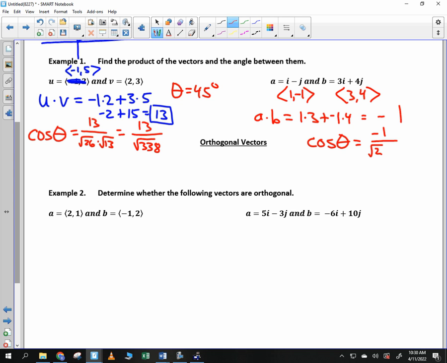Which is 5, right? See that? Okay. The magnitude is going to be the square root of 3 squared plus 4 squared. And so we get the square root of 9 plus 16, or the square root of 25, which is 5.